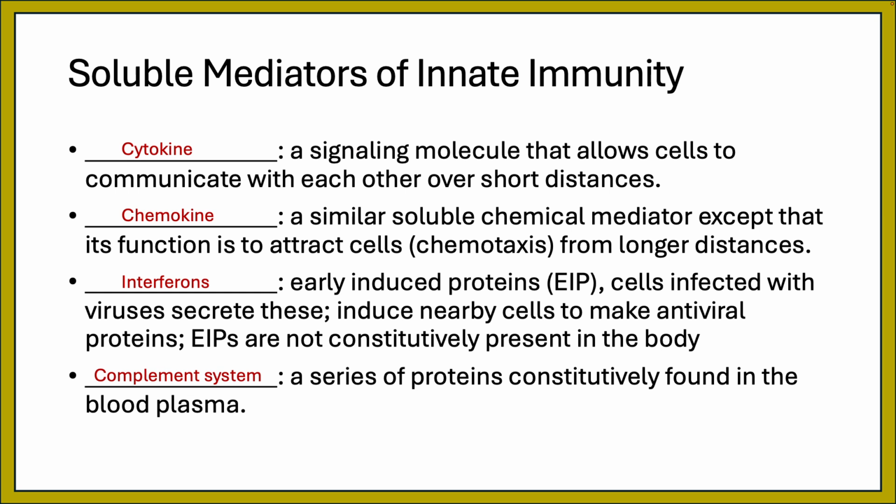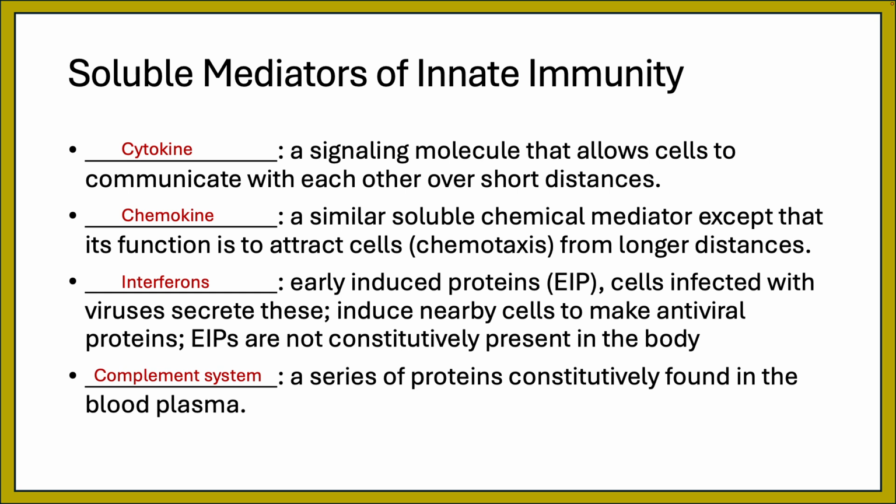Both of these do tend to draw cells via chemotaxis or activate them. Interferons are another protein component. So this is going to be something that's expressed early on, and cells that are infected with viruses will start producing and secreting these interferons.